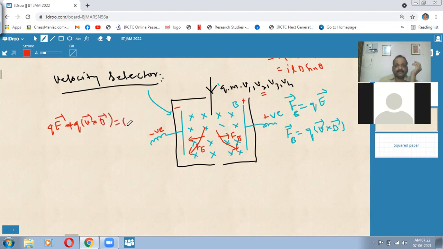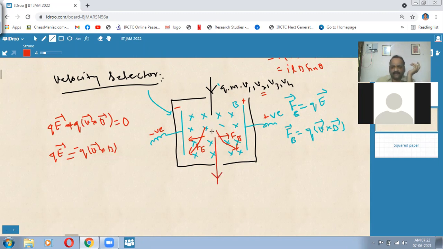When the resultant force is 0, that is QE bar equal to minus Q into V bar cross B bar. The two forces are equal in magnitude, opposite in directions, so the resultant force on the particle will be 0. The particle will move straight, undeflected.